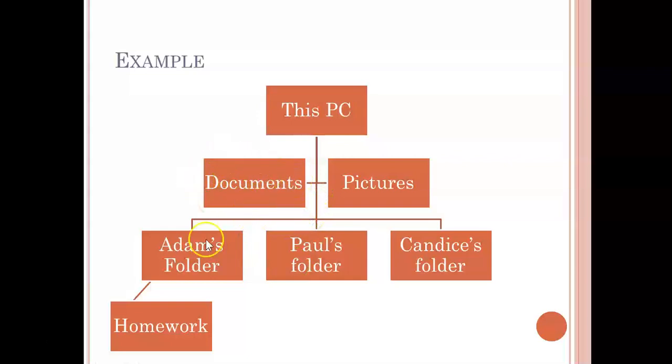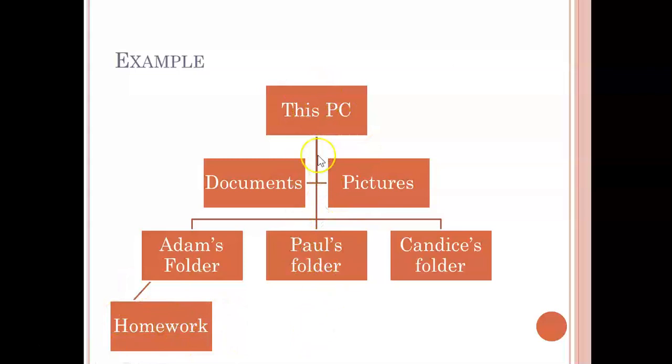So within documents, you would have Adam's folder, Paul's folder, Candace's folder, and then maybe within Adam's folder, you'll have his homework folder where he keeps all his work for school. So this is a tree type structure. And you can see for Adam's folder, there can be many different types of folders within it. And this is in one direction. It's going from the top down.